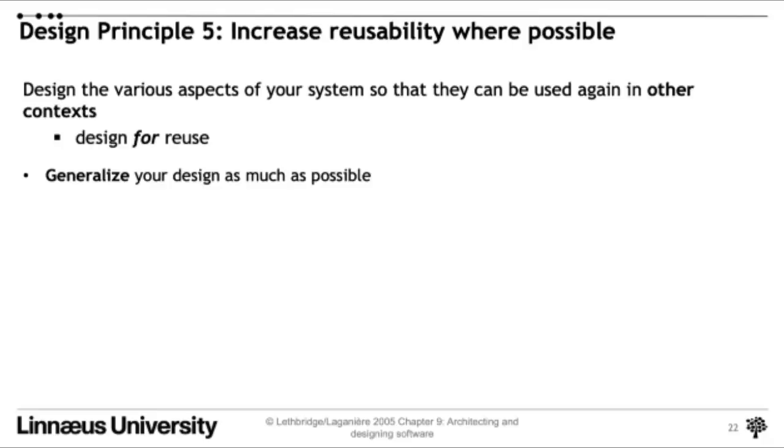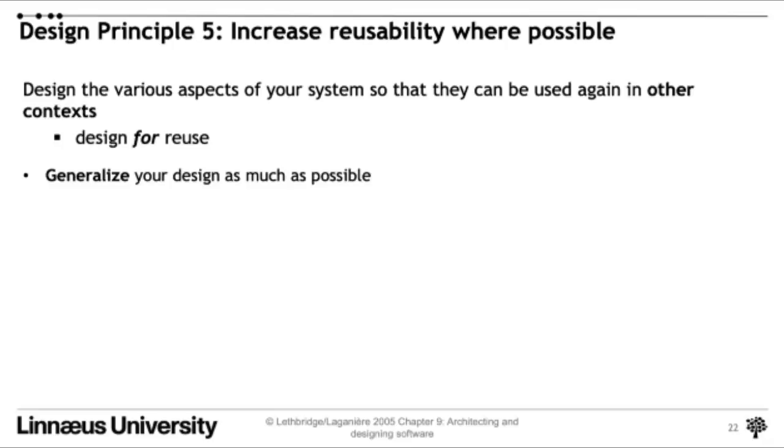Classes that are too generic are not good, just as classes that are too specific. We need to find a good balance. That's the challenge. So try to keep in mind we have to create a design which is reusable, but while doing this, keep in mind that too generic is not good, just as too specific.